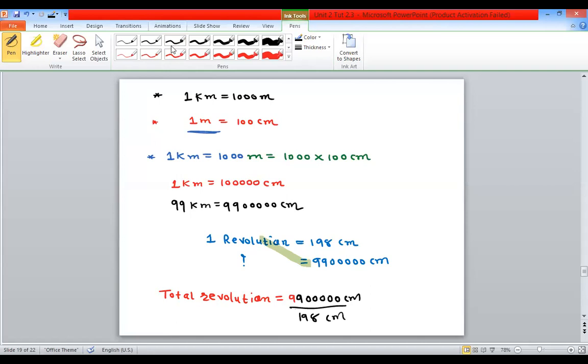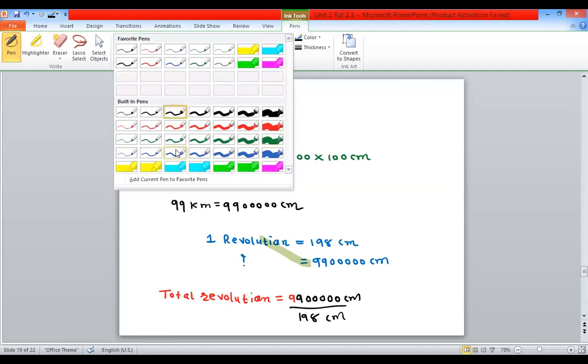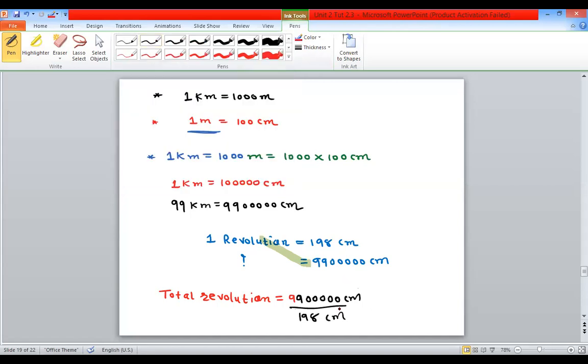Centimeter to centimeter is cut. 198 divided by 99 is 2, and it is 1 followed by 5 zeros by 2.